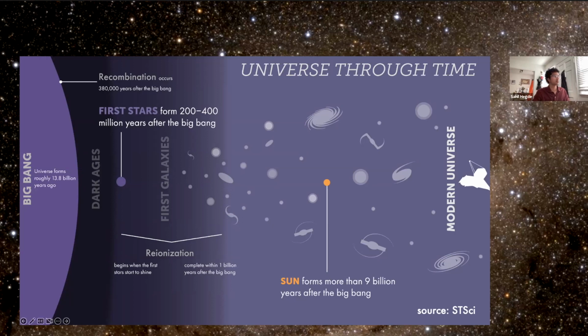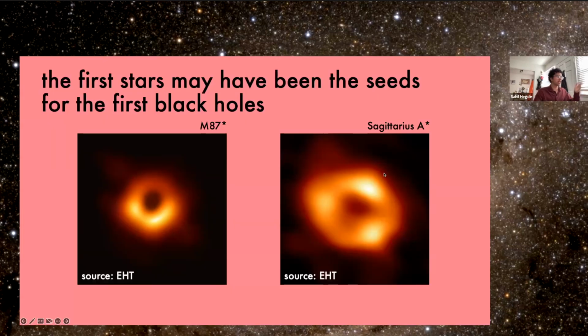And so another thing that I think is interesting to point out is that these first stars may have been the seeds for the first black holes. And so what that means, and I'm not going to talk about this too much, is just that some of these stars may not have ended their lives in a huge explosion like a supernova, and they may actually have just collapsed in on themselves. They got too big and collapsed down to become a black hole.